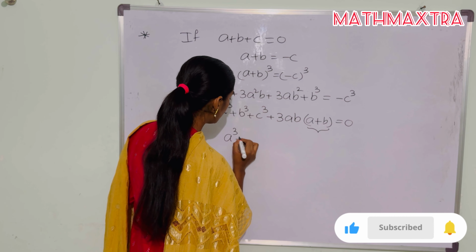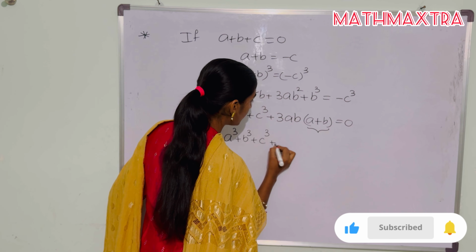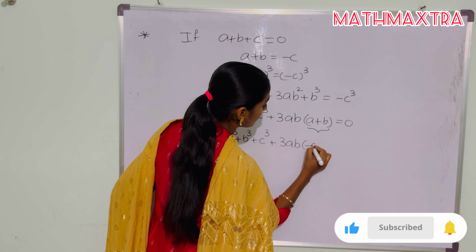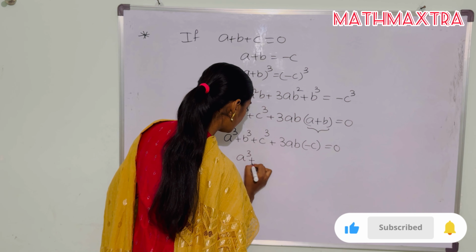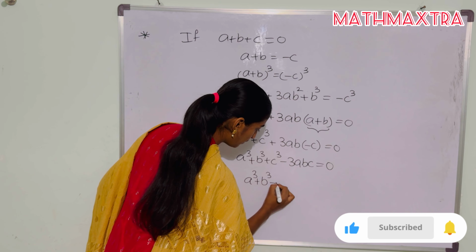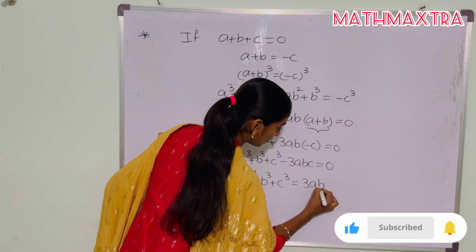You substitute that: a cube plus b cube plus c cube plus 3ab into, in place of a plus b, minus c. Now a cube plus b cube plus c cube minus 3abc is equal to 0, which is nothing but a cube plus b cube plus c cube is equal to 3abc.